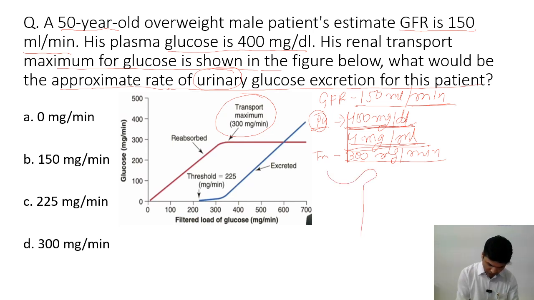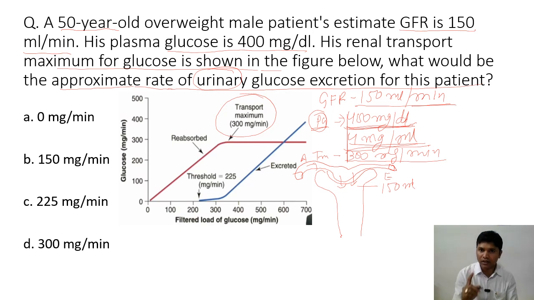So this is the Bowman's capsule and this is the nephron, and blood is coming here and going. Suppose this is afferent and this is efferent. So blood is coming and plasma is coming. How much glucose will filter? GFR is 150 ml per minute, so 150 ml of plasma is filtered per minute. We know plasma glucose is 4 milligram per ml.